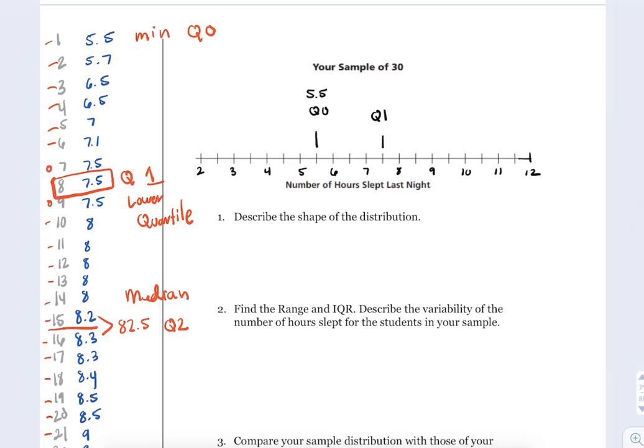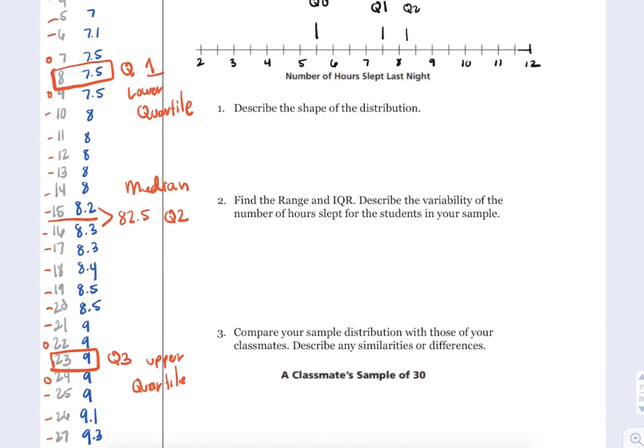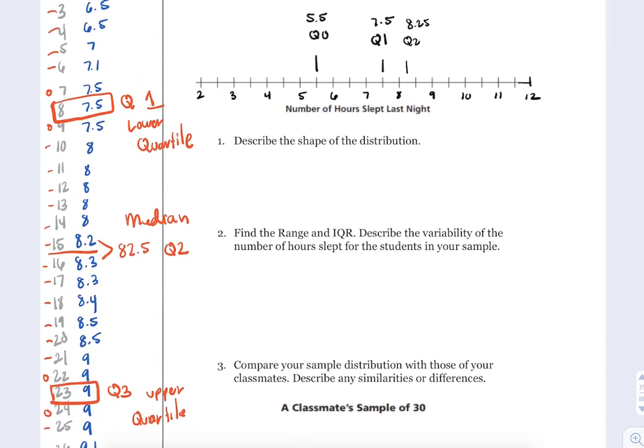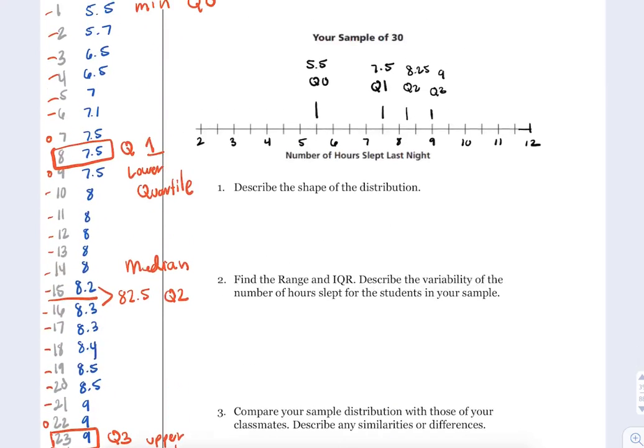Q1 is 7.5, Q2 is 8.25, Q3 is 9, and then Q4 is going to be 11.2.